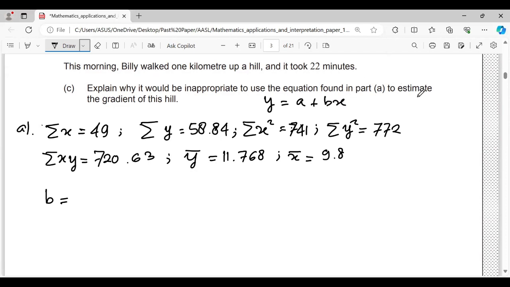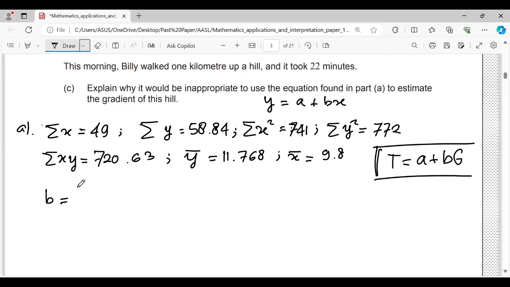But based on this question, I'm going to write it here, it becomes T equals A plus BG. So I'm going to find B, after that A, and substitute into this equation.